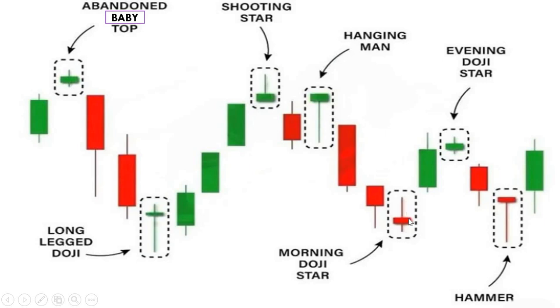Next comes your morning doji. Now, morning doji is a bullish reversal. Over here, you can see the bearish market is there, market is going down. It is a bullish reversal. That means, first of all, you will see the red candles, then a small doji, and then the green candles. So, think like this.